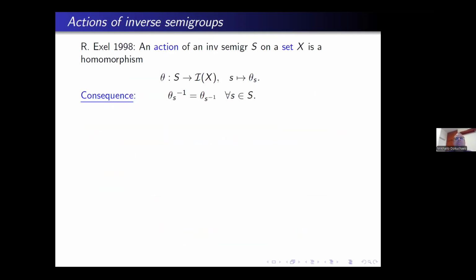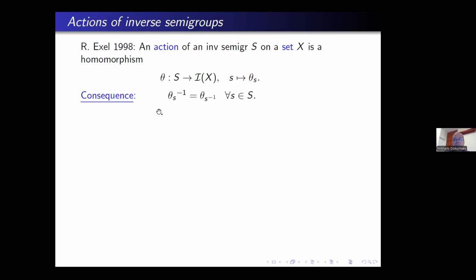Well, now actions we can find in Exel's paper. An action of an inverse semigroup on a set is just a homomorphism of this form, a homomorphism of S into the symmetric inverse semigroup of X. Then it can be easily seen that the inverse element goes to the inverse bijection, right?